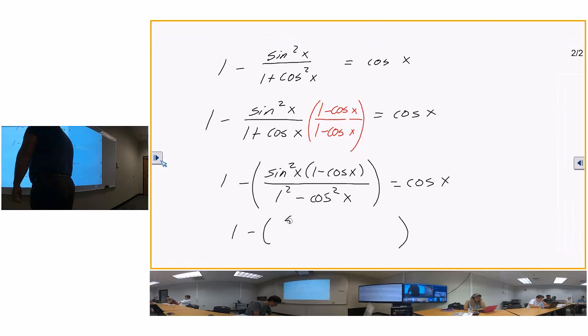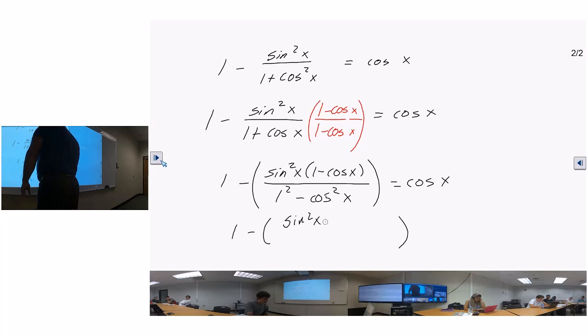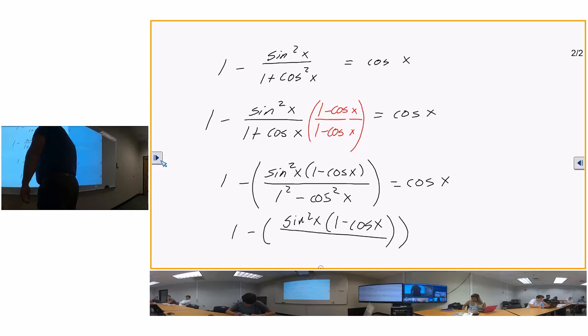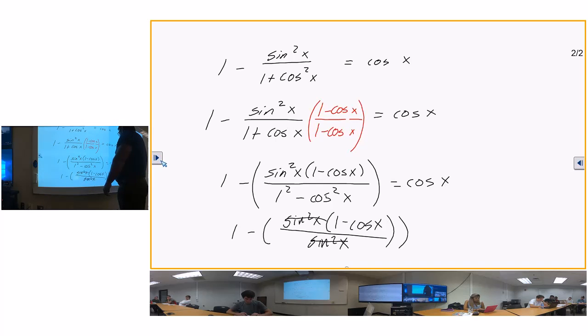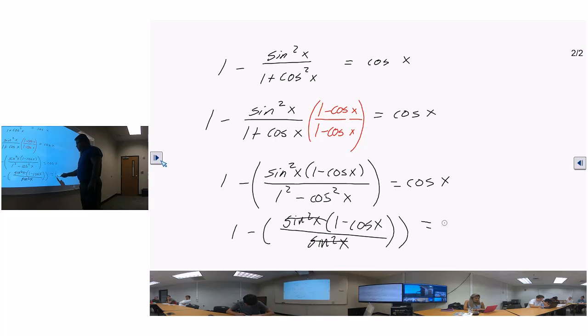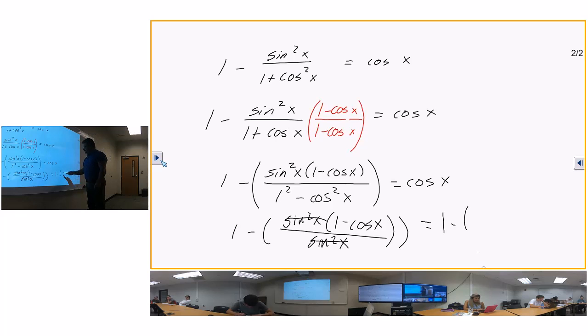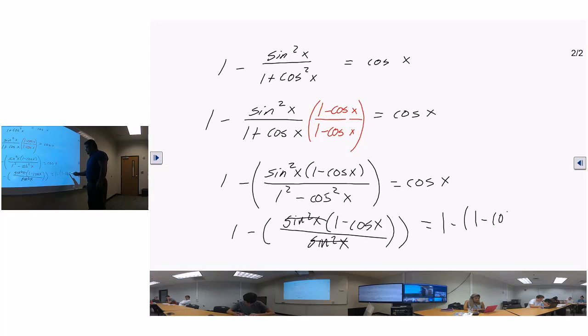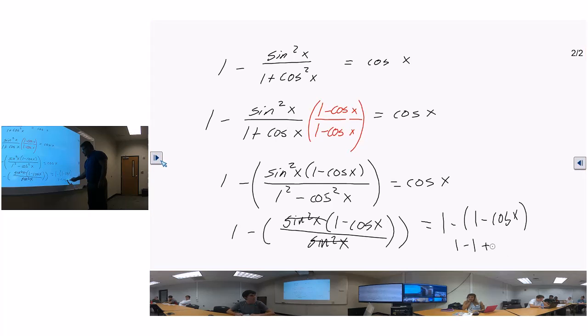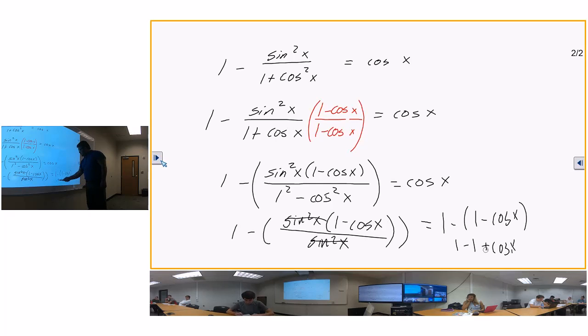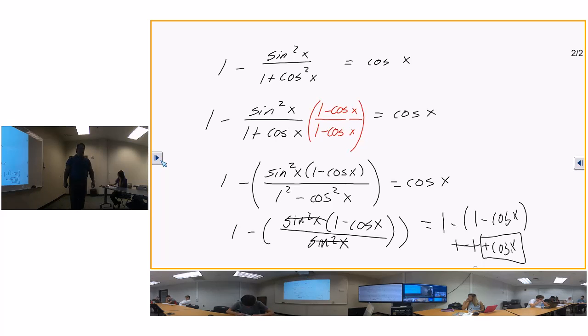So sine squared of x times 1 minus cosine of x, over sine squared of x, and the sine squareds cancel. And that's going to leave you with 1 minus parentheses, 1 minus cosine of x, and that's going to leave you with 1 minus 1 plus cosine of x, and the 1's cancel, and that leaves you with cosine of x. And I think we did that one last time. I'm not sure. Okay?